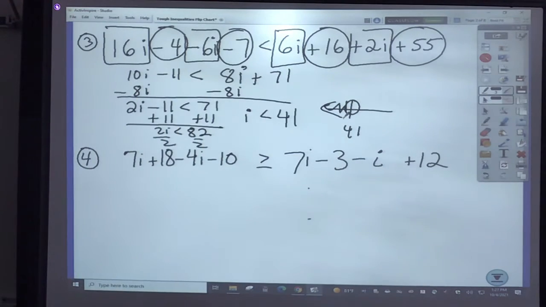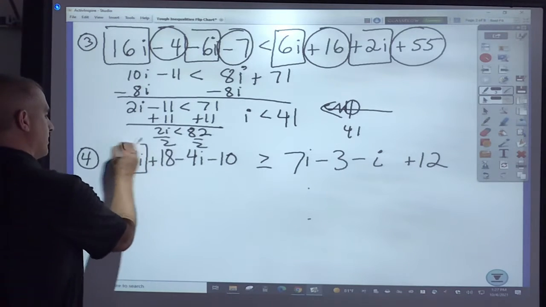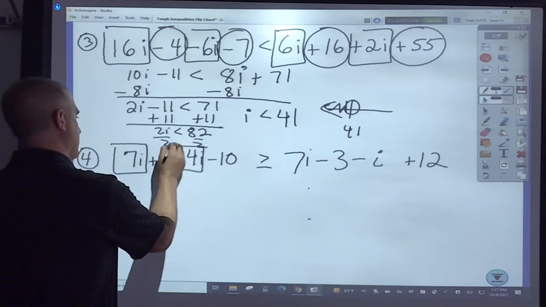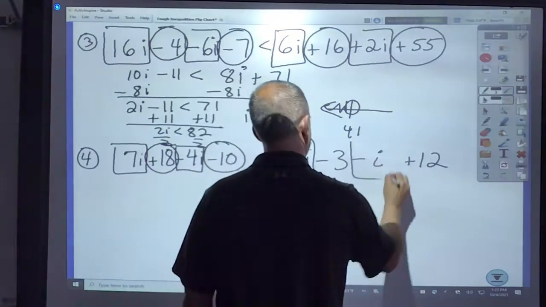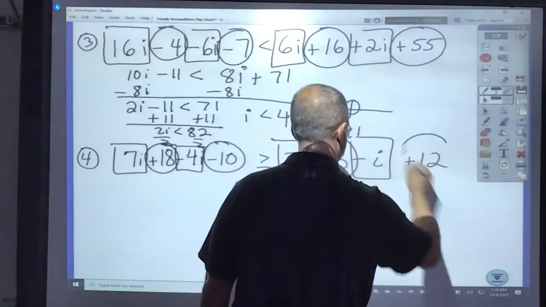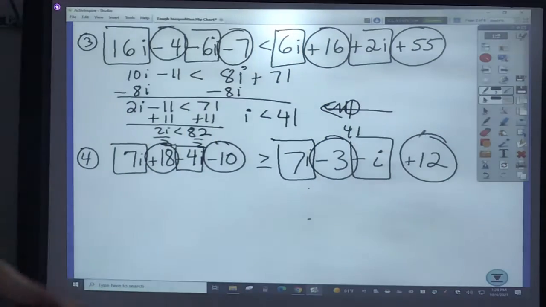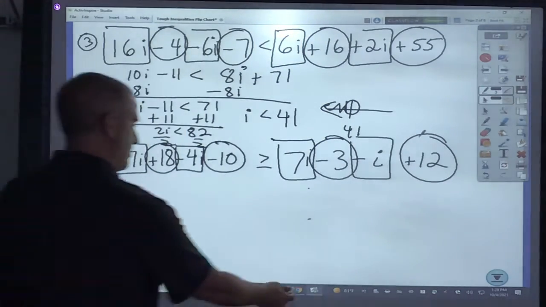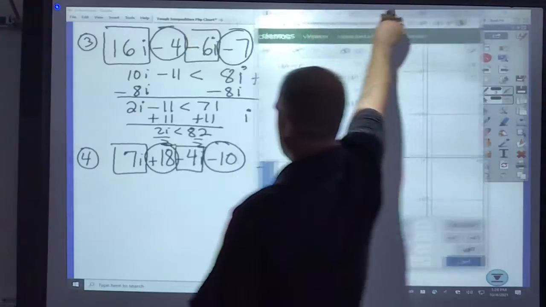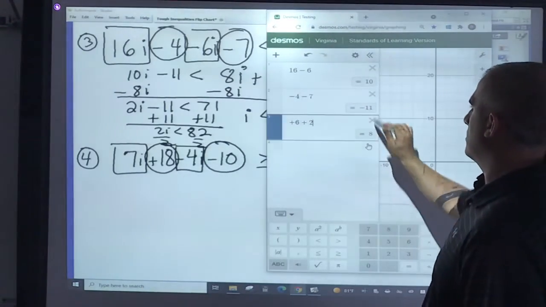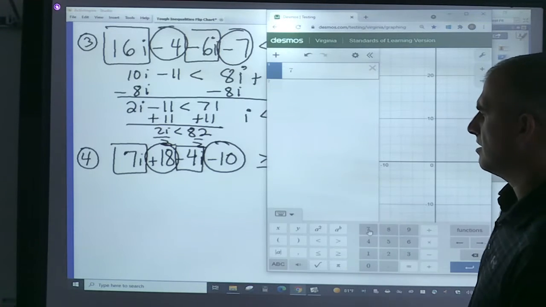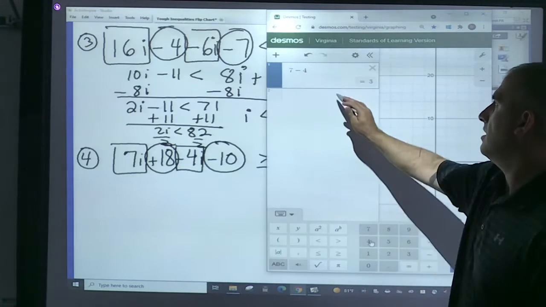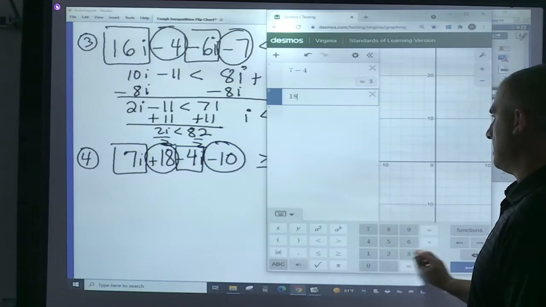So I got this and this, this and this, this and this, this and this. Once again, I'm going one at a time here. I got 7 minus 4, and I got 18 minus 10.